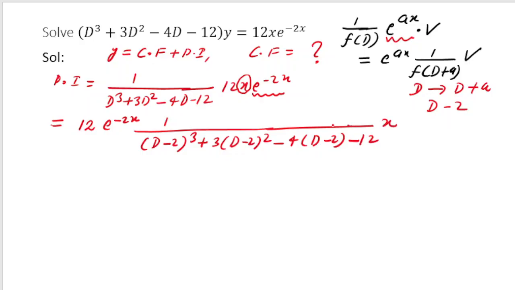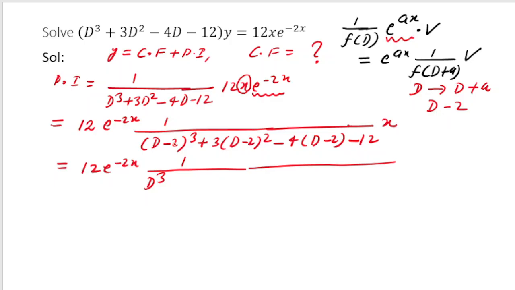Okay, now we just need to simplify the denominator part before we do anything further. So let me simplify it quickly. It is (a minus b) whole cube. So how do you get (a minus b) whole cube? You write a cube, that is D cube, minus 3a square b.